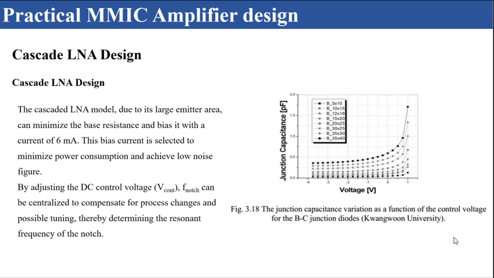The cascaded LNA model, due to its large emitter area, can minimize the base resistance and bias it with a current of 6 milliamperes. This bias current is selected to minimize power consumption and achieve low noise figure.